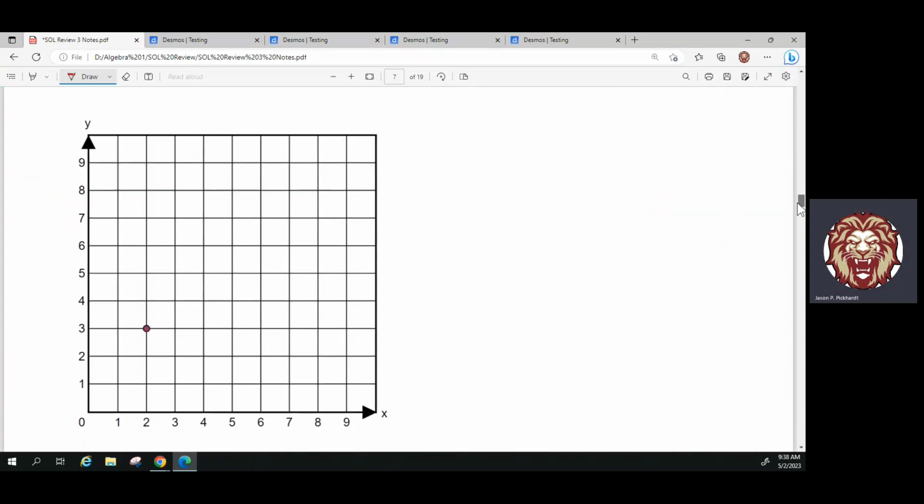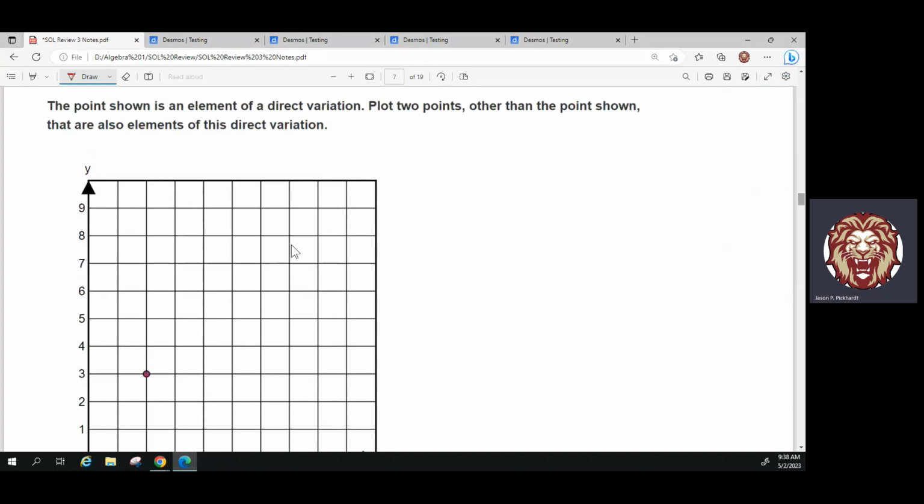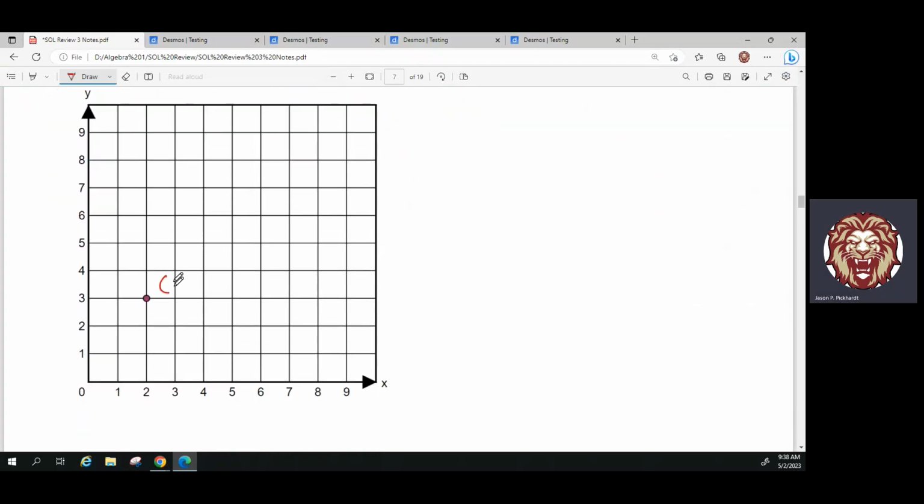Here is a bit of a review. I thought it was worth it. We've talked about direct variation again this year. It has this form, y equals kx. And we were given y values and x values, and we were able to find k. So here we're given a point, and we can find its y value and its x value.